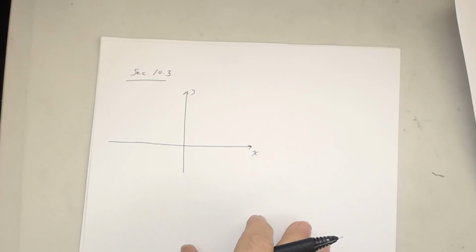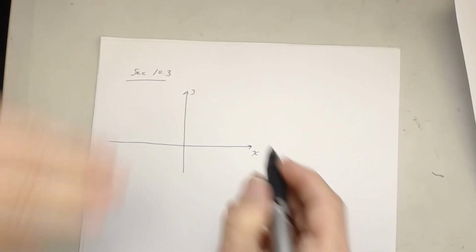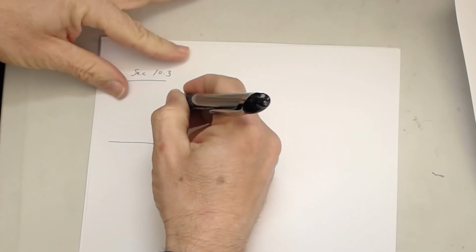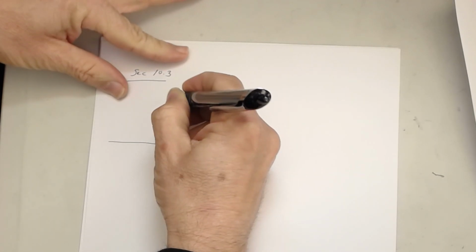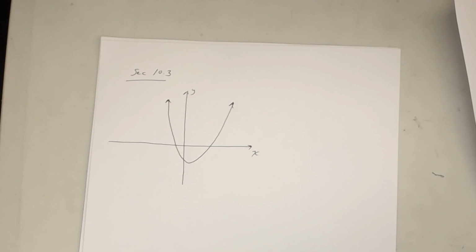And one of the things that you're going to do next semester is you're going to graph a quadratic equation. And the graph of a quadratic equation is a parabola, looks something like this. Right. And then when we get to college algebra, you're going to be graphing all kinds of functions. And you don't know what a function is, but you'll be graphing all kinds of functions. In here, the only functions that you can be graphing for the most part are lines.